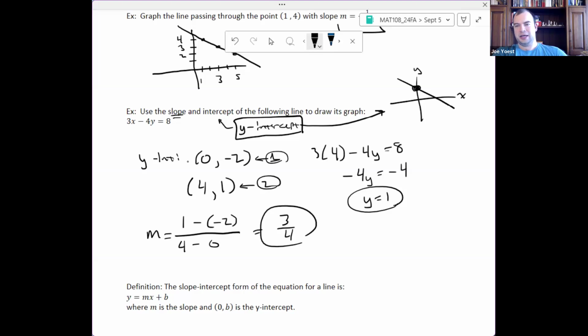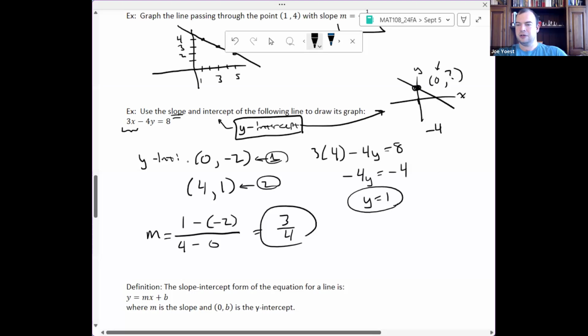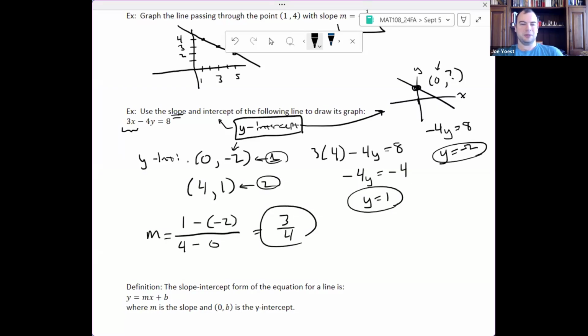Now, if we're intersecting the y-axis, that means that that point is always going to have an x-coordinate of 0, because that's what places it horizontally on the y-axis. And then we have to figure out what is the y value that's associated with an x value of 0. When I plug in x equals 0, 3x is 0. And then I'm left with negative 4y equals 8. Divide through by -4, and I get y equals -2. And that's where that piece comes from.